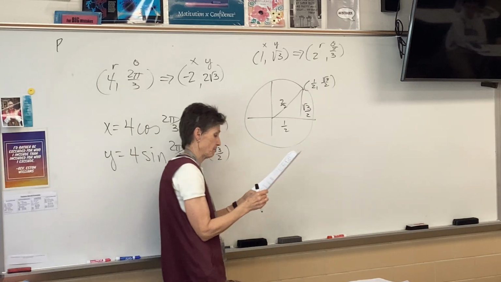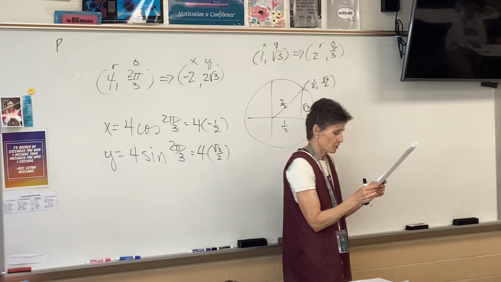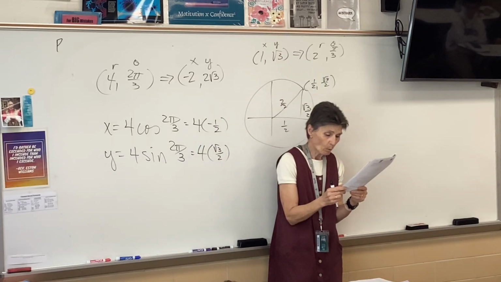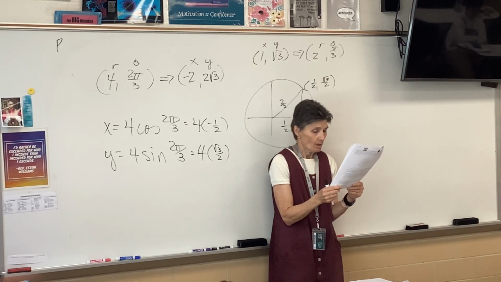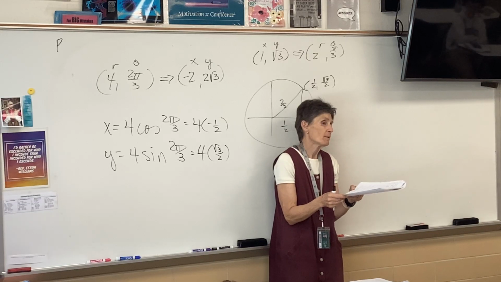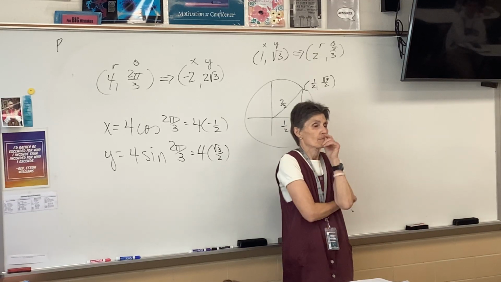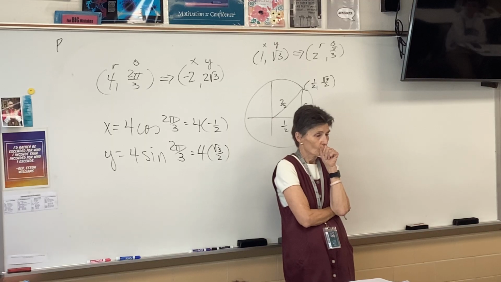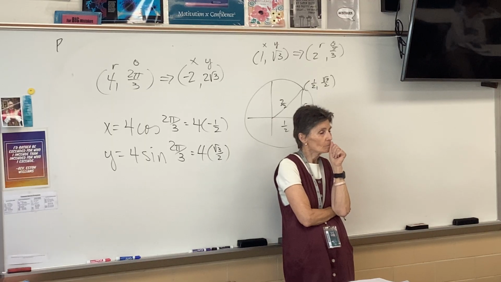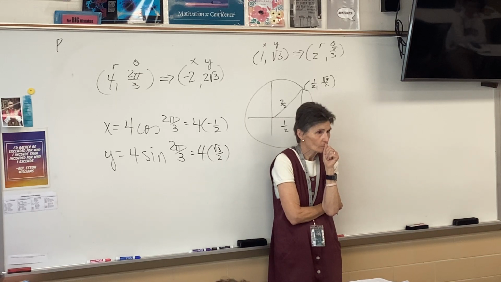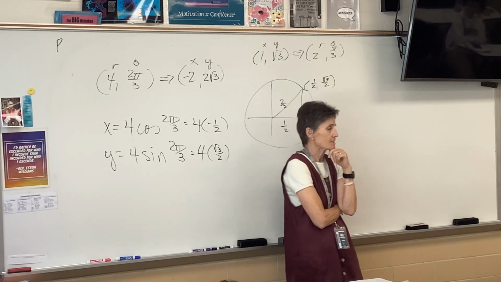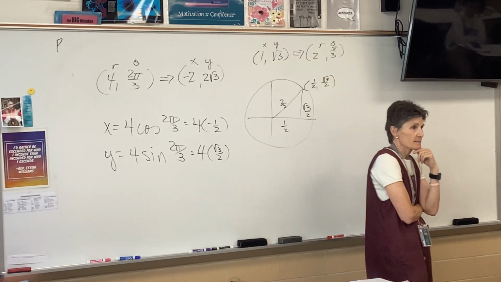Which point is further from the origin? The point with rectangular coordinates negative 5, 3, or the point with polar coordinates 6 comma 5 pi over 6. How far from the origin is 6 comma 5 pi over 6? 6.